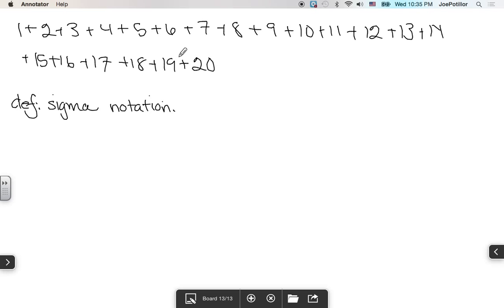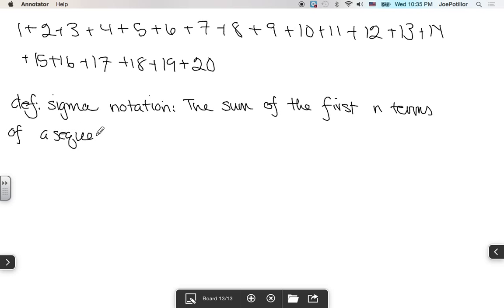okay, the first n terms of a sequence, the sum of the first n terms are represented by the sum.